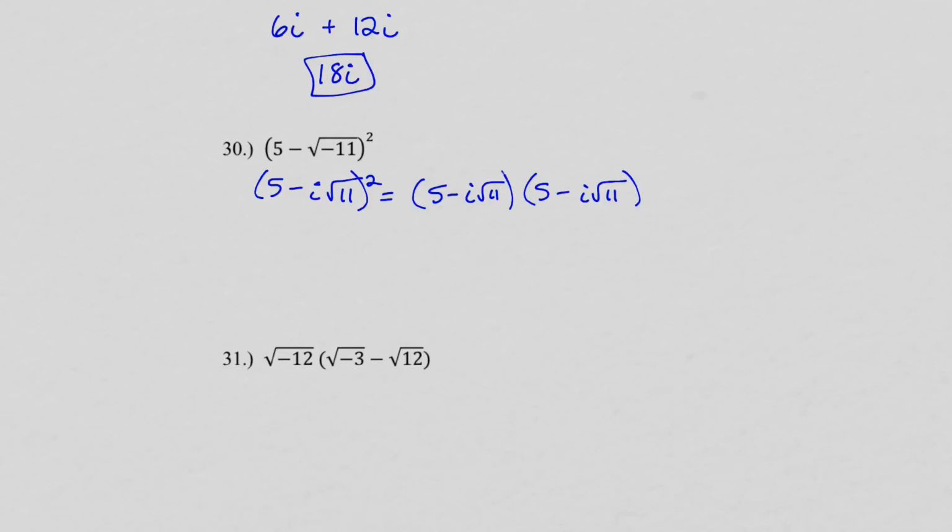So as you do your FOIL, first your four arrows, if you didn't take the i's out, you're going to get these wrong as you move through this problem.